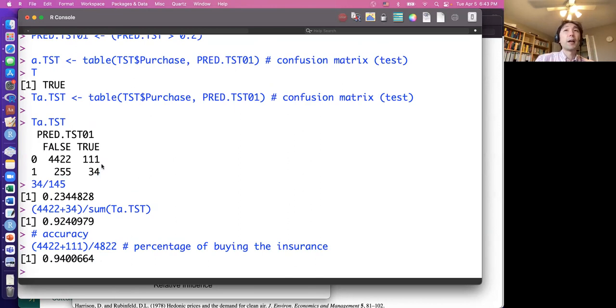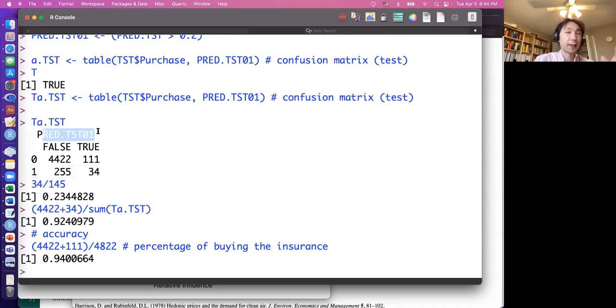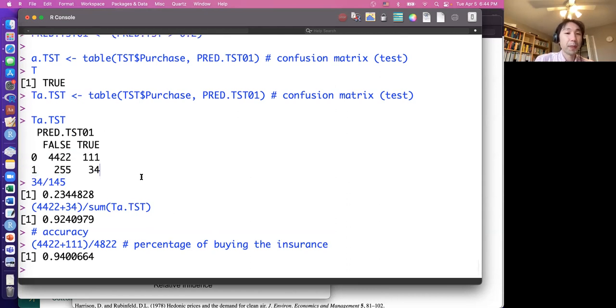That's why we have several measures, for example, specificity and sensitivity. Out of these 289 observations, 34 actually bought the product. So this test has a sensitivity of 34 out of 289, which is maybe 12%. And so on.